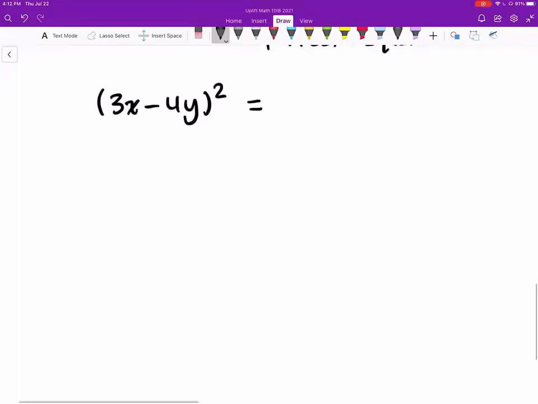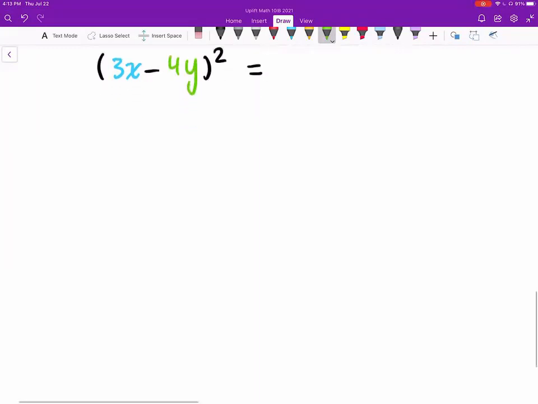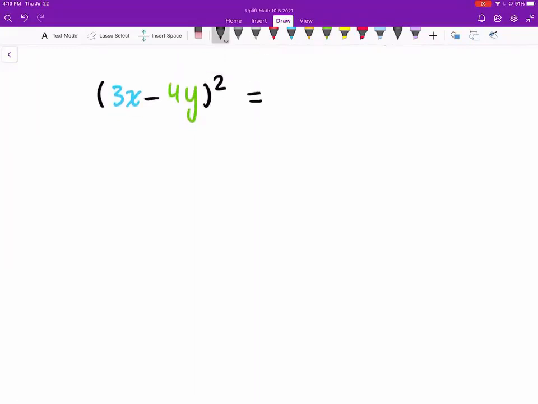All good. So I'll actually do this a little differently by using different colors. So 3x minus 4y. Should I explain it? I can explain it. Okay, so here the term in blue would be the a. So we do a squared, which is 3x squared. Then we multiply a and b and multiply by 2.